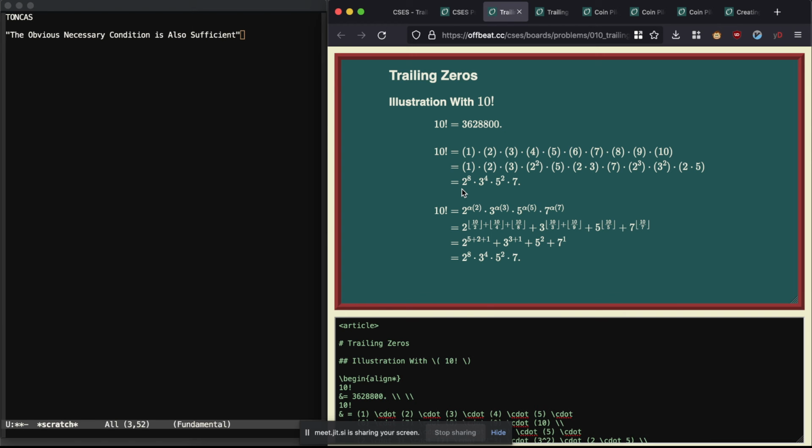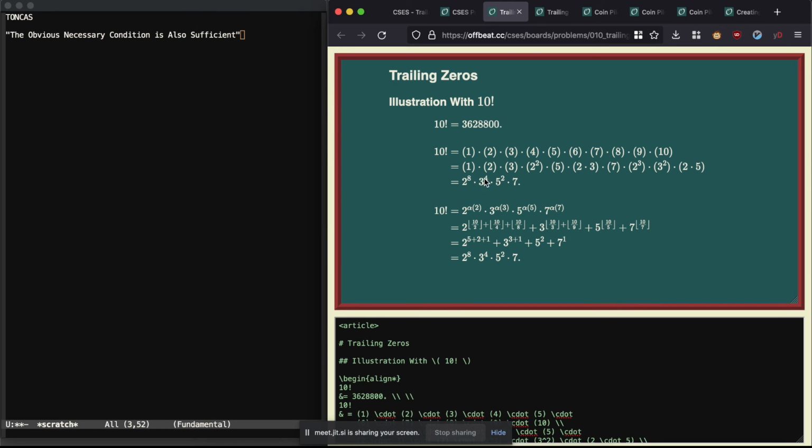We get each power of 10 by taking a 2 from here and a 5 from here. 2 times 5 is 10. If we take another 2, another 5, we get 10 times 10 equals 100. That is what happens in this specific case, and that is why we end up with 2 zeros.